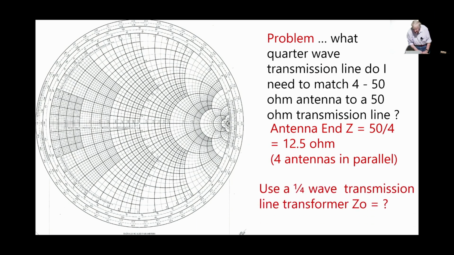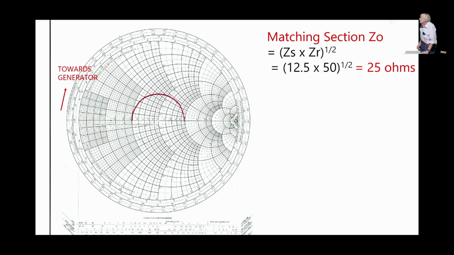So let's see how we do that. There's a little calculation where we did the square root of Z sending and Z receiving, and the answer to that was that you need a characteristic impedance of 25 ohms to do that.